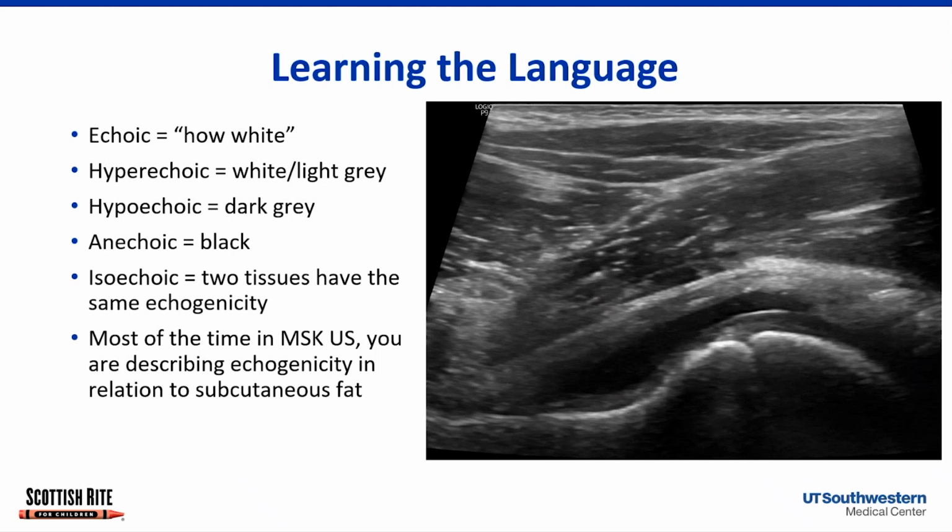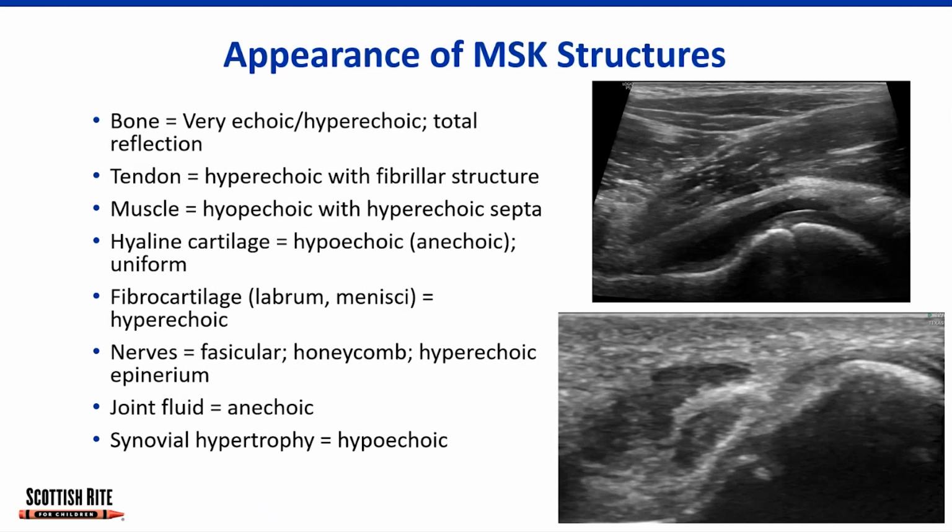So that's kind of the relationship with those terminologies, all right? So you're gonna get a lot of practice seeing these different structures. I'm not gonna go through each of these. You're gonna hear more about these during different lectures, but this just gives you a reference of what some of the MSK structures are gonna look like, and what terminology we would use for those, right?